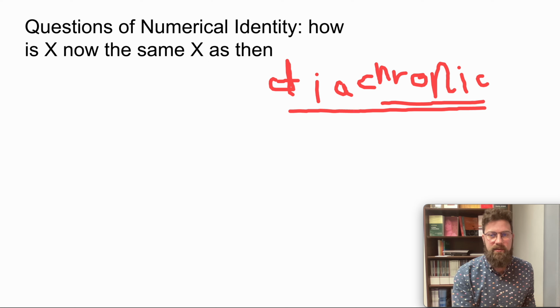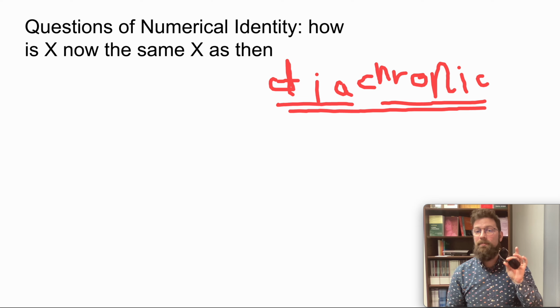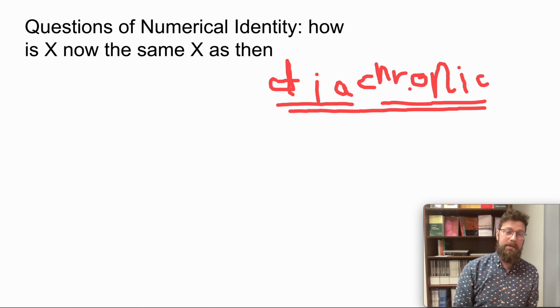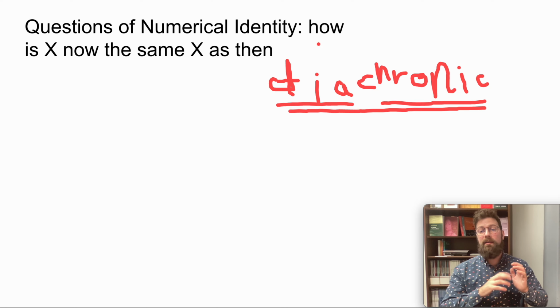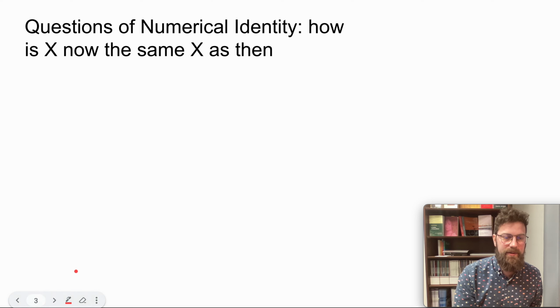So chronic, you might think of as in time. Dia means more than one. When we talk about synchronic identity, we just say like everything is one and the same with itself in the moment. When we're talking about diachronic identity, we're talking about not only being one and the same thing in the moment, but it's being one and the same thing over time. It's something that is itself, and it continues to exist as itself as time moves forward.